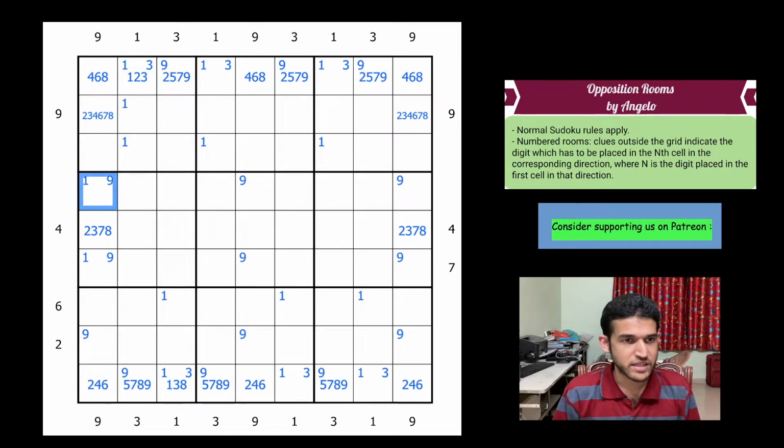There is a 1 here, there is a 1 here. So 1 is in one of these three cells, which means this cannot be 8. Superb. So 1 is either going here or here. I thought I had something there, but still not enough. So this is 1 or a 3.